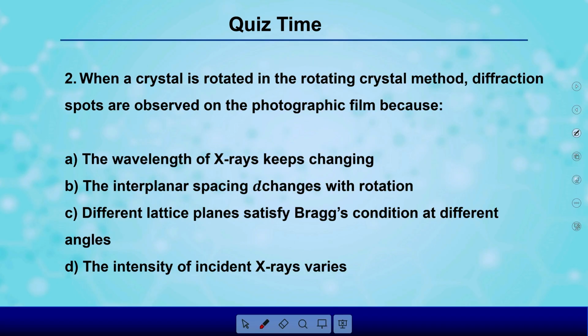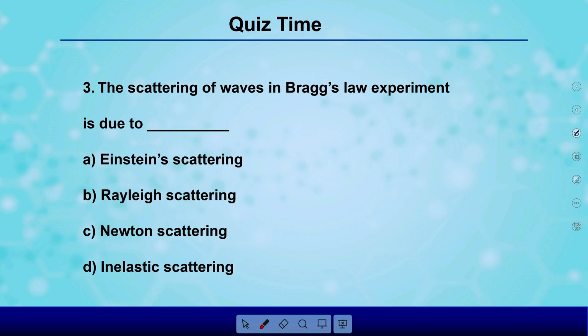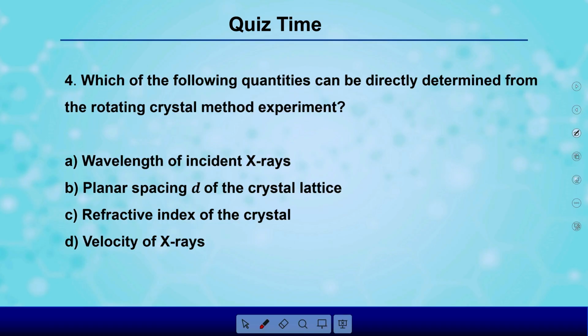When a crystal is rotated in the rotating crystal method, diffraction spots are observed on the photographic film because you have 4 options: the wavelength of X-rays keeps changing, the interplanar spacing d changes with rotation, different lattice planes satisfy Bragg's condition at different angles, and the intensity of incident X-rays varies. The scattering of waves in Bragg's law experiment is due to option A, Einstein scattering, B, Rayleigh scattering, C, Newton scattering, and D, inelastic scattering.